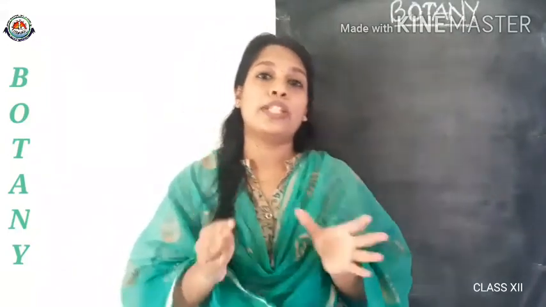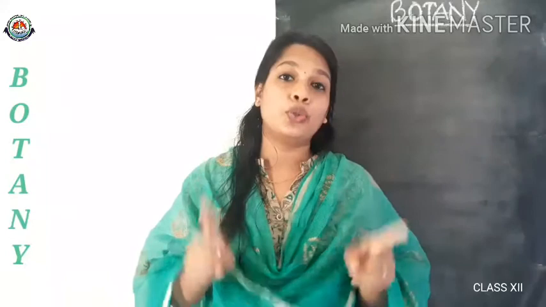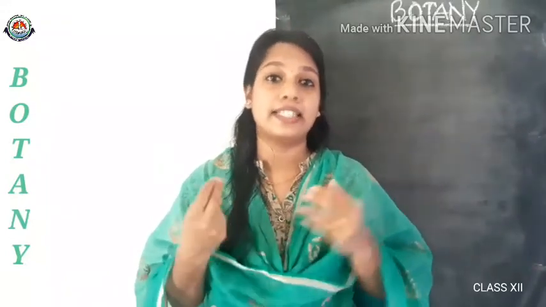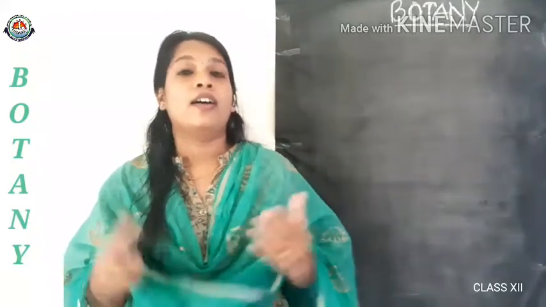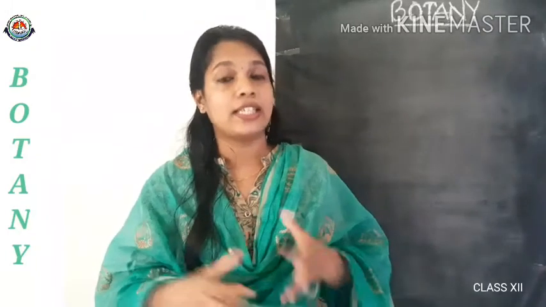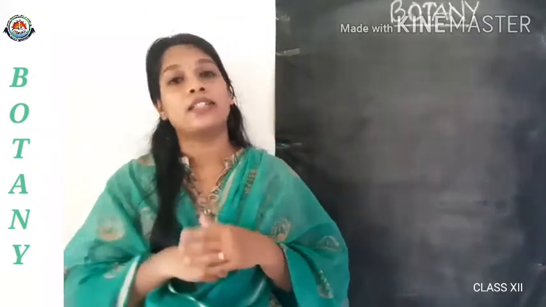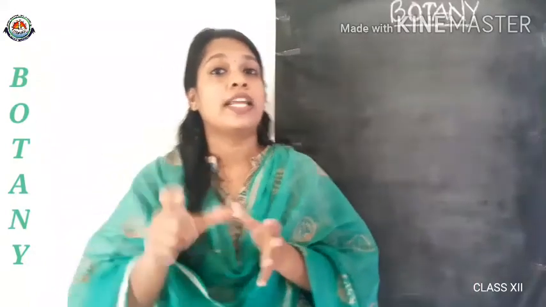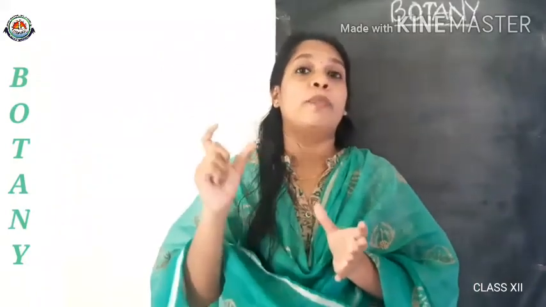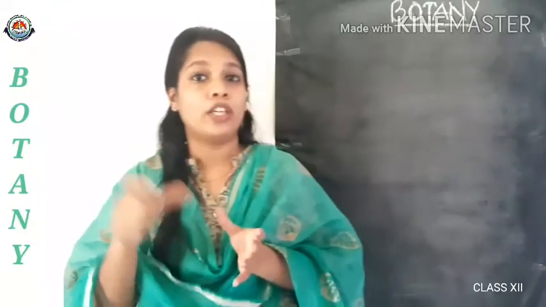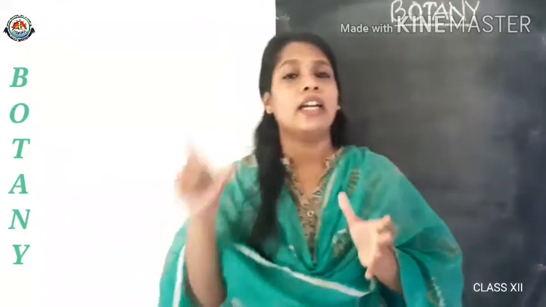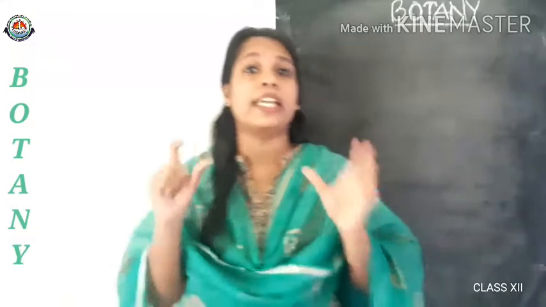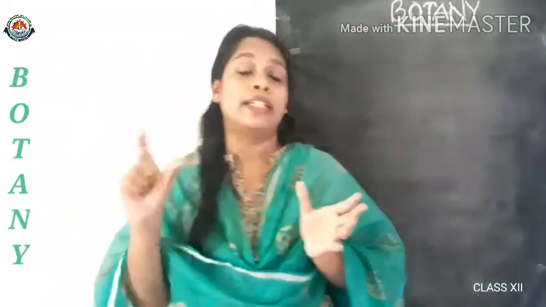PBR322 contains two antibiotic resistance genes, the ampicillin resistance gene and the tetracycline resistance gene. And there are also certain sites like the BamH1 site, PvuI site, and many other sites.